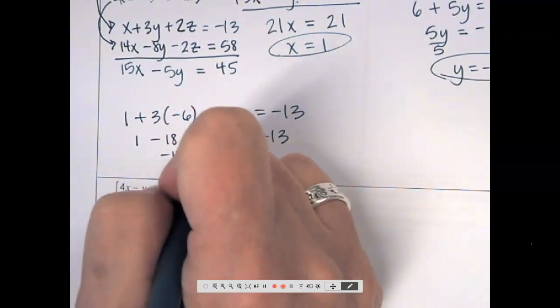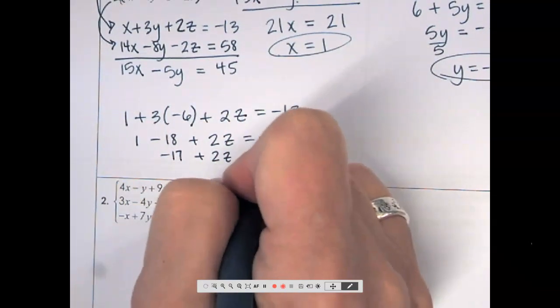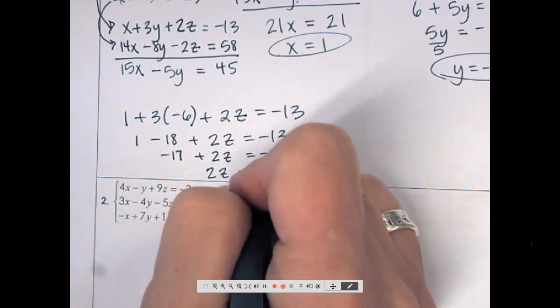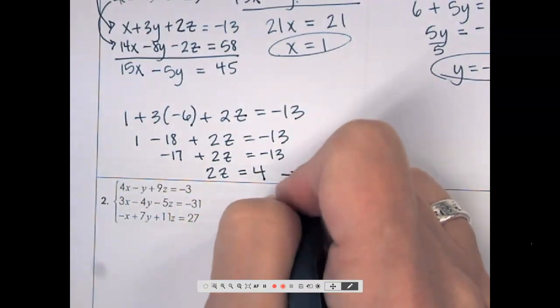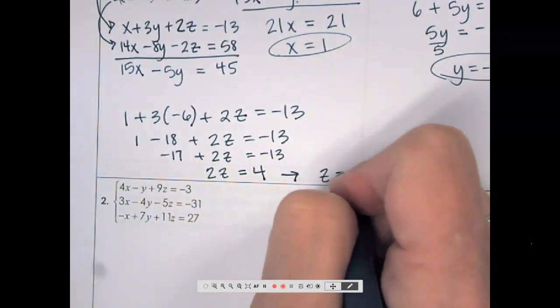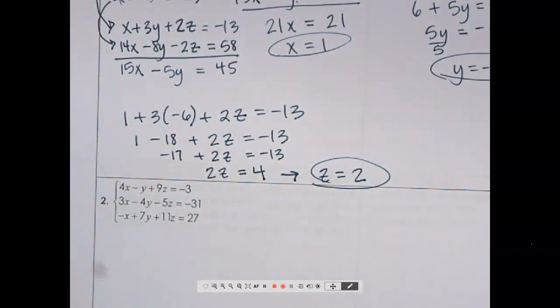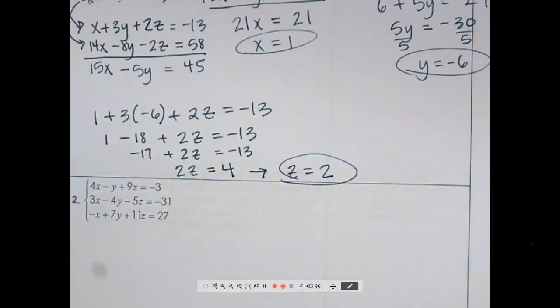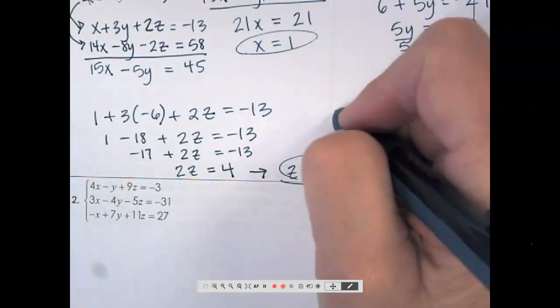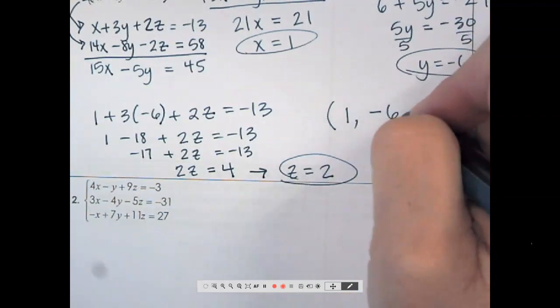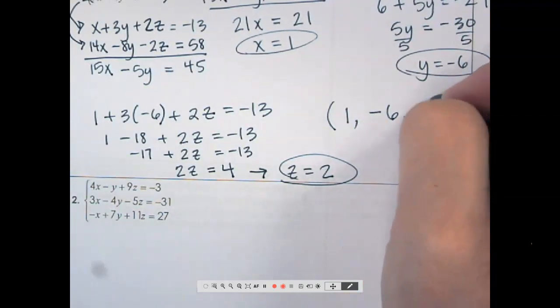That's negative 17. If I add 17, I get 4. Divide by 2, z is 2. Okay. Now, my answer will be the ordered triple, x, y, z.